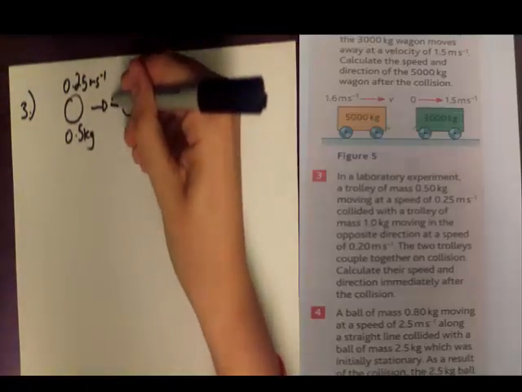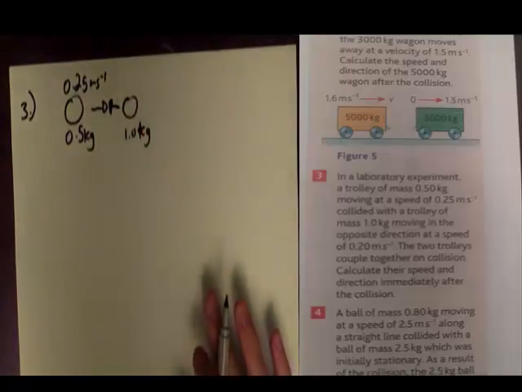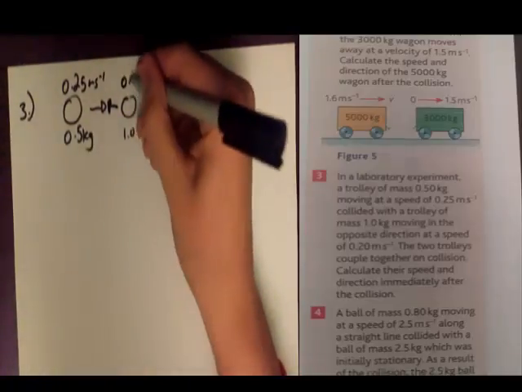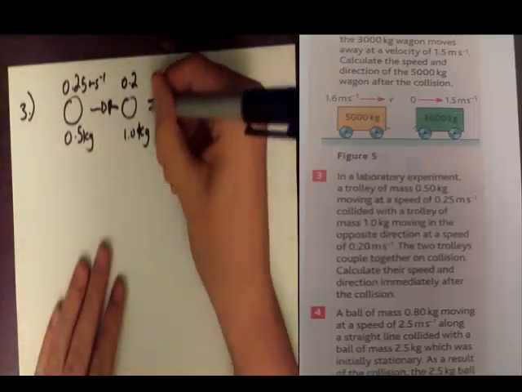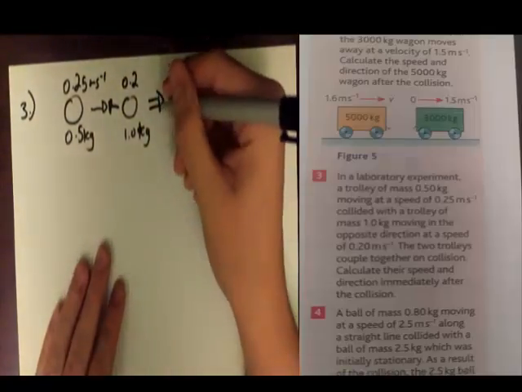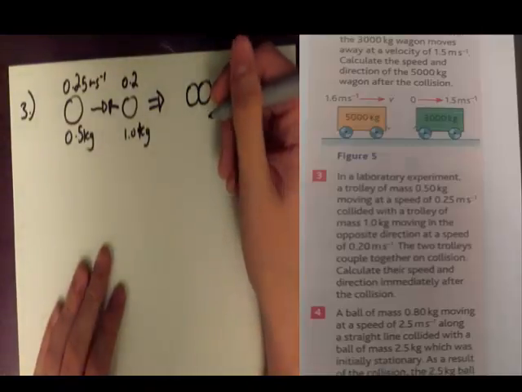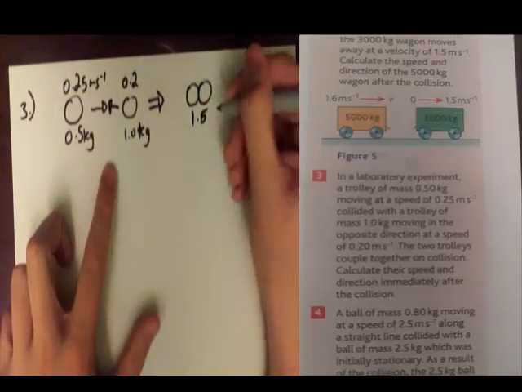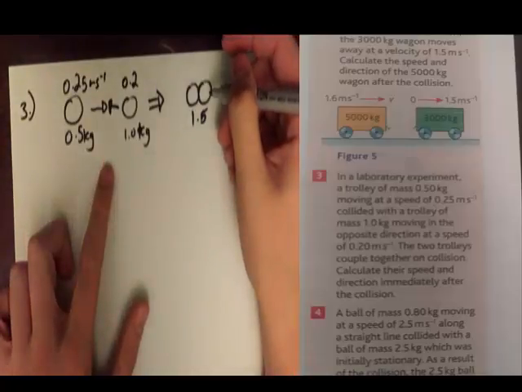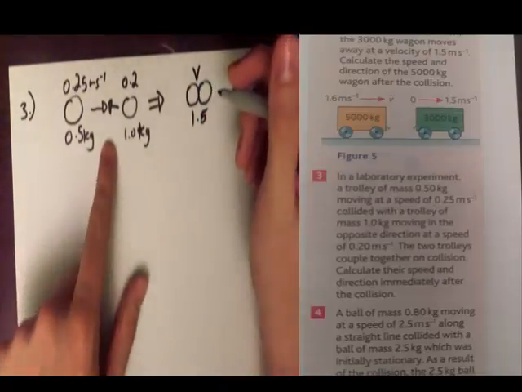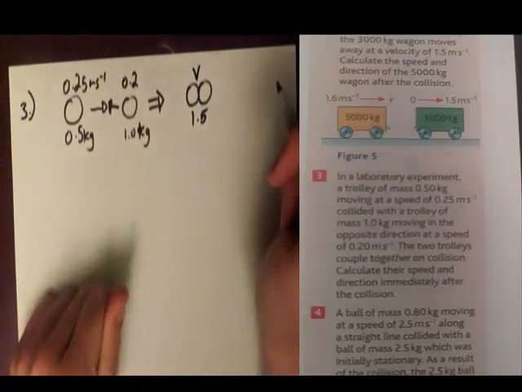So they were colliding like this at a speed of 0.2. Right, okay. And the trolleys couple together. So we've got this again. So the combined mass is 1.5, and it wants us to find their velocity straight after the collision.